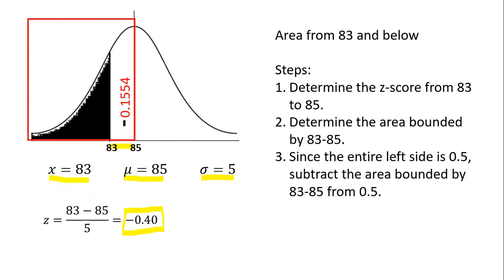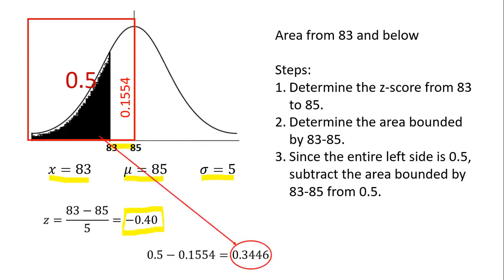And then since the left side is equal to 0.5, to get the area of this shaded area, we get the difference 0.5 minus 0.1554. We will get the value 0.3446, the area from 83 and below.